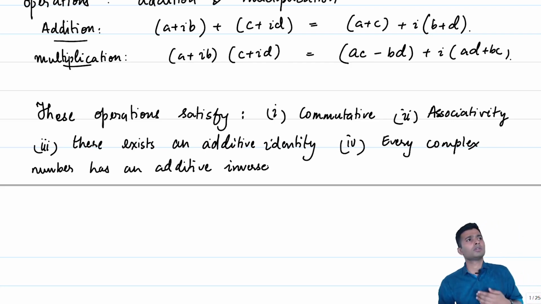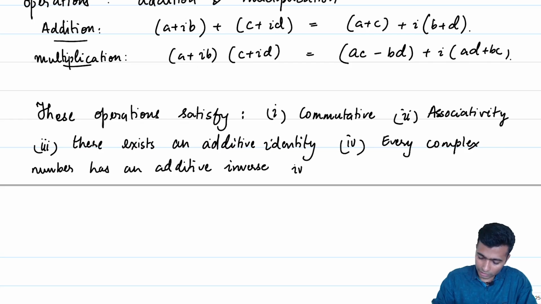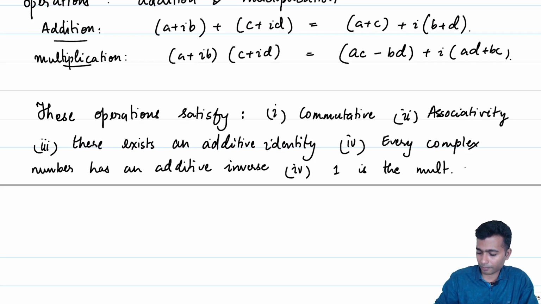What more? There was a multiplicative identity 1 in the case of real numbers. Here also 1 plus 0 times i, which we will denote as 1 itself again. 1 is the multiplicative identity. What more? Every non-zero complex number has a multiplicative inverse.